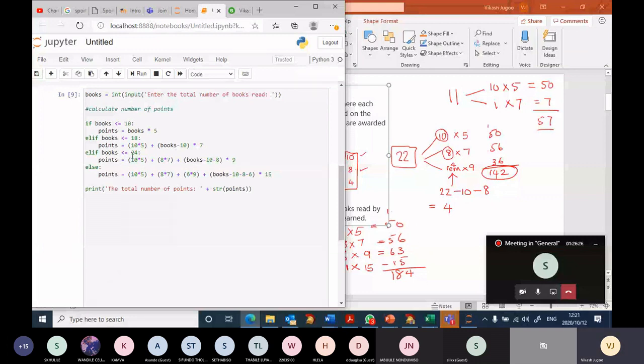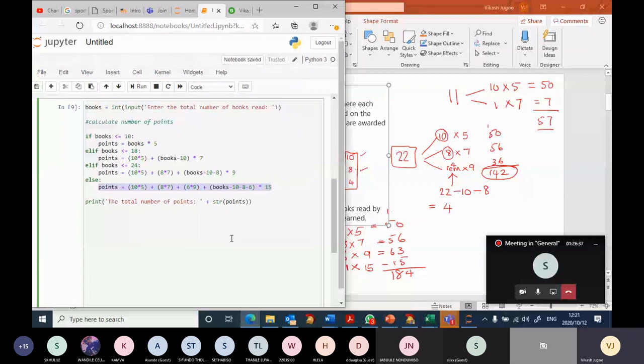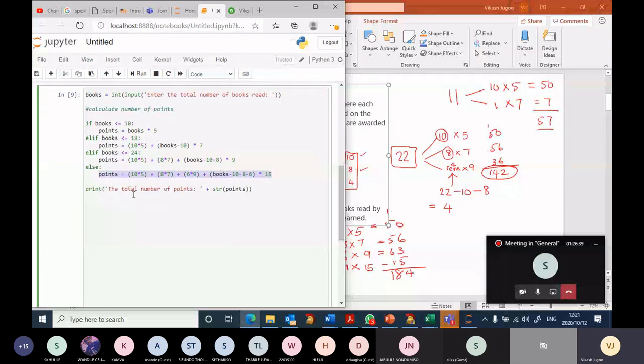25 means this condition is going to fail and it's going to come into this case here. All right. So it's working out 10 times 5. I'm going to work on a piece of paper that you cannot see, just making a note. 10 times 5 is 50.